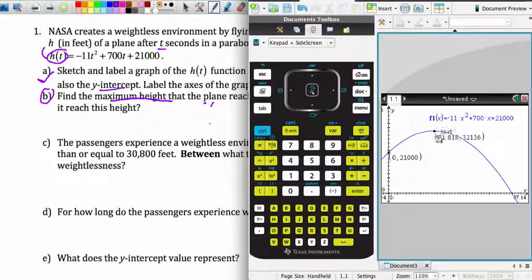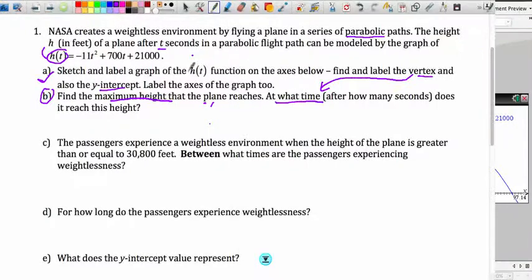And so the x value in this case, if you recall, represents time. The y value represents height. And so what we have here is a maximum height of 32,136 feet. And that occurs after 31.818 seconds.